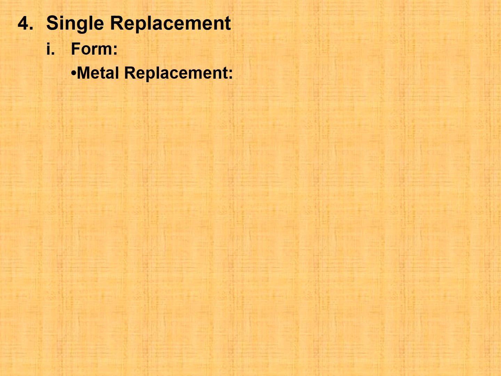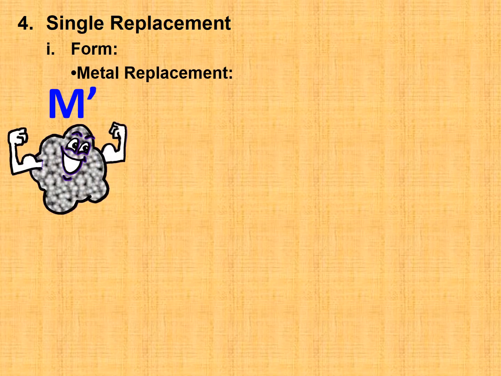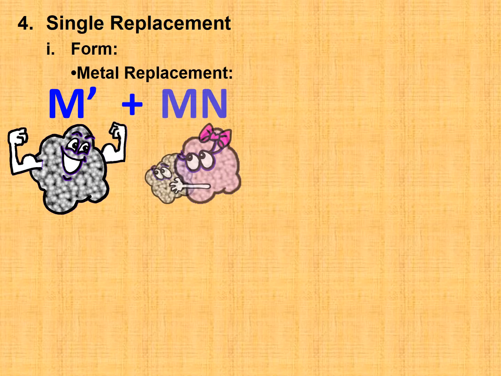Our reactants consist of a pure element, a metal, I'll represent as M', and an ionic compound I'll represent as MN. This is really all about the competition between the 2 metals. The stronger of the 2 metals, that is the more active metal, wants to be in ionic form and part of the compound.